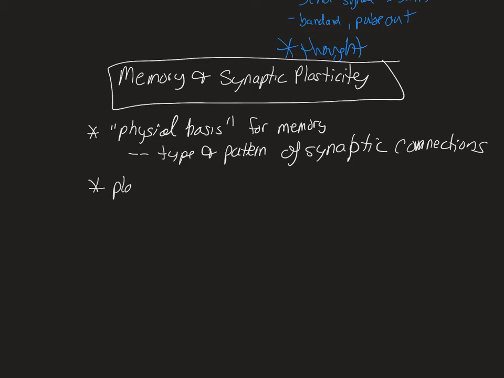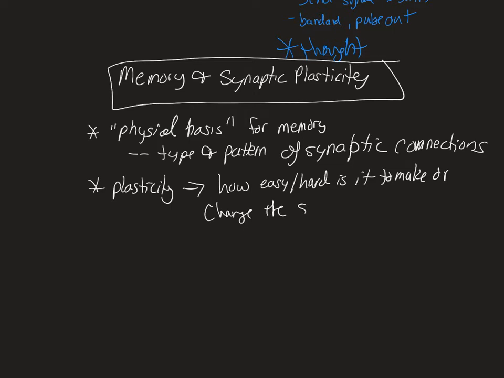This idea of plasticity, or synaptic plasticity, is talking about how easy or hard it is to make or change these synapses between these interneurons that we are using for memory, okay?